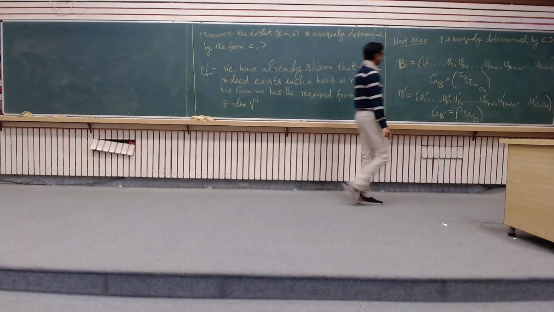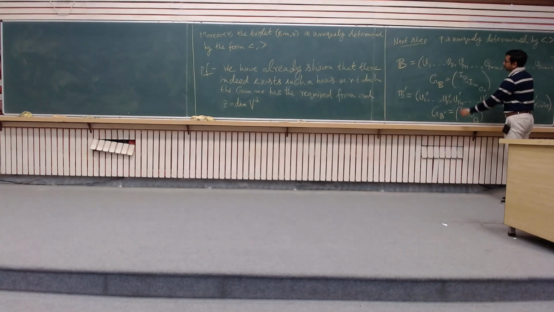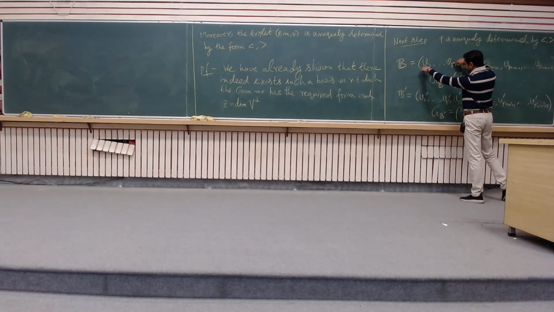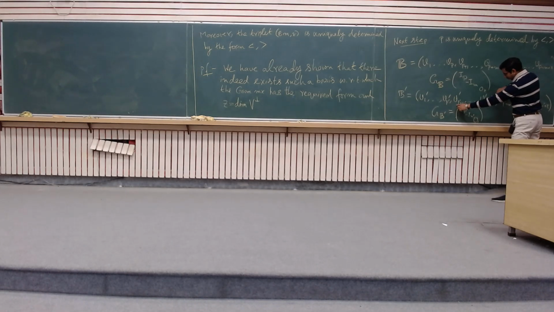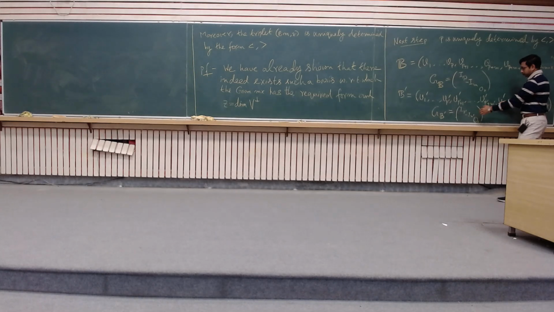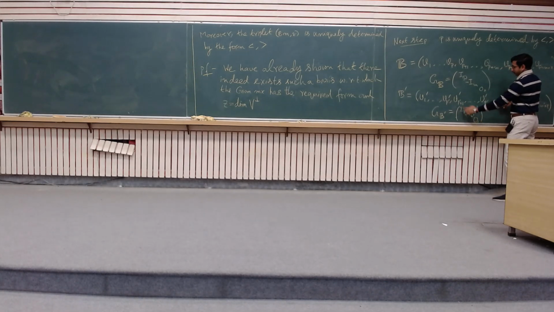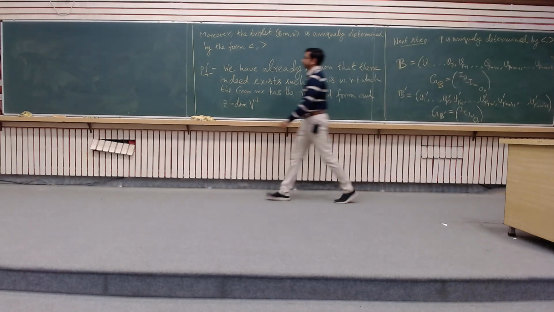So what we would do, earlier we have shown that if you take v_1 to v_p and v'_{p'+1} to v'_{p'+m'}, that is the one corresponding to this part, then together they form a linearly independent set.